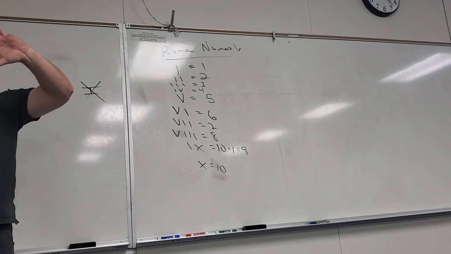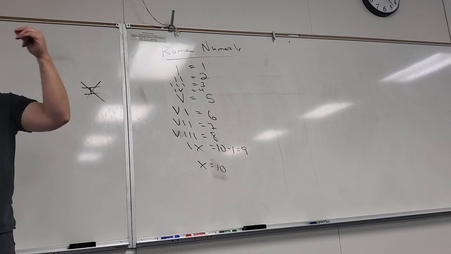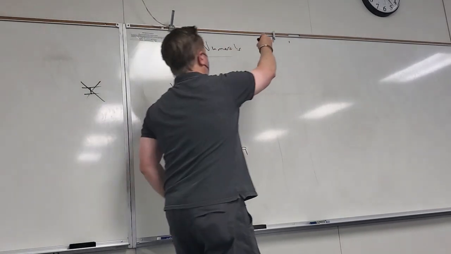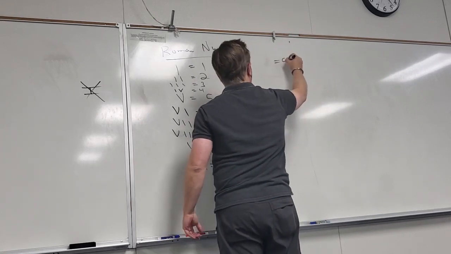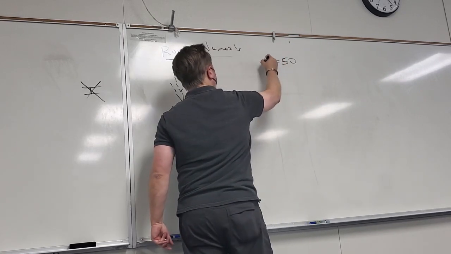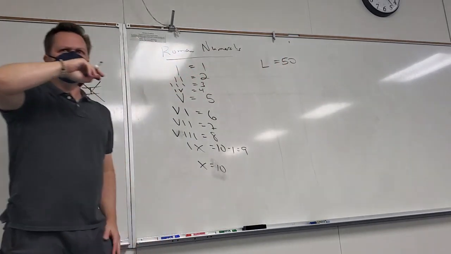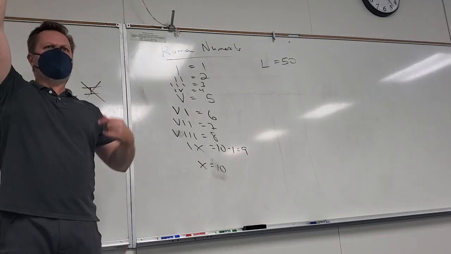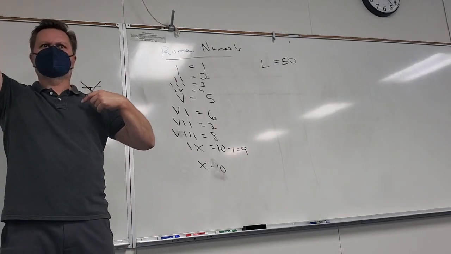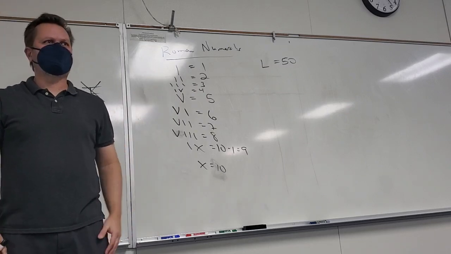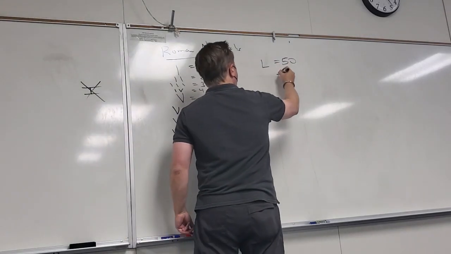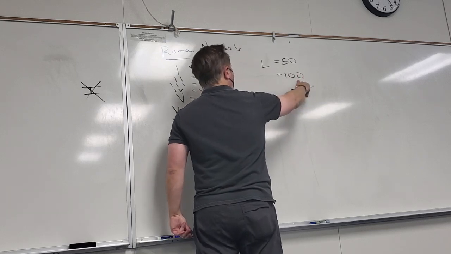So let's just introduce the other symbols by themselves, and I'm going to hand this thing out. The next symbol up from 10 is 50, and I kind of gave that away earlier. That's L. Does anyone know what it might be for 100? And then we can talk about why it makes sense. Kind of gave it away there too. Didn't need to. Yeah, 100, what's in $1?